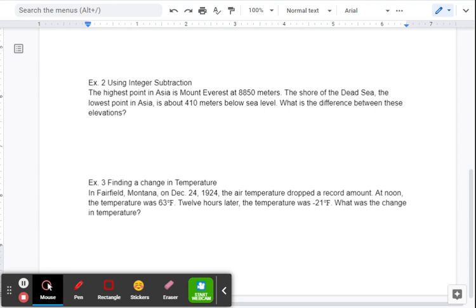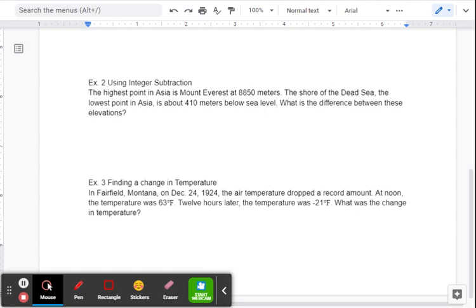So 8,850 minus a negative 410 is the same as saying 8,850 plus a positive 410. Because what we are trying to find is going from here to here. What is the difference in their heights? So we're actually adding them together.